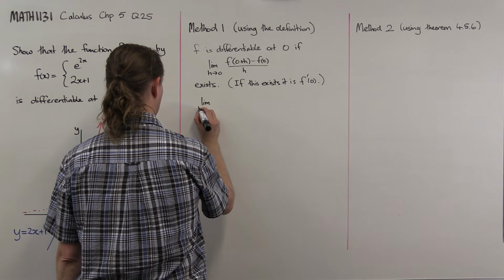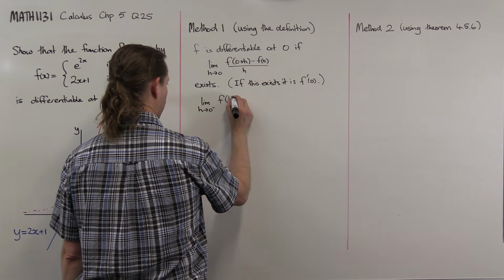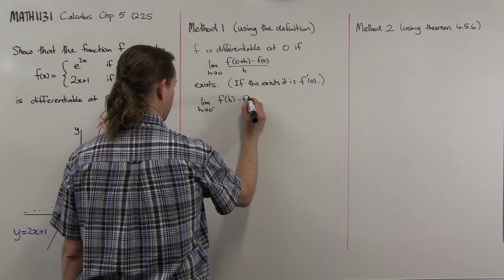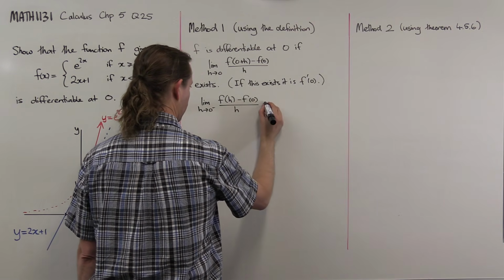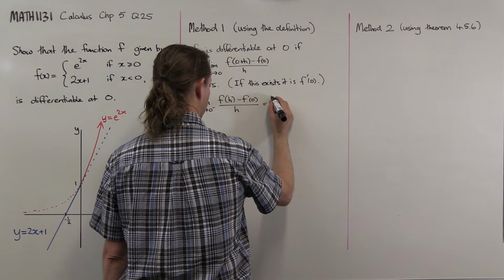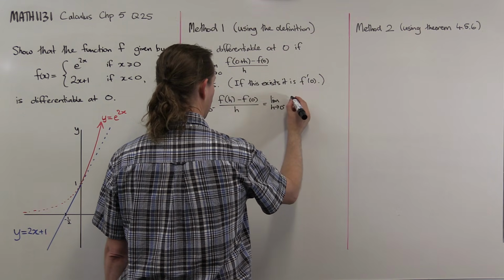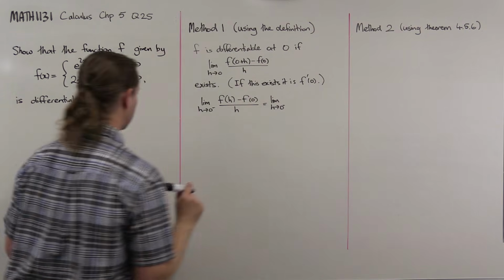So let's have a look at the limit as h tends to 0 from below of f of 0 plus h, I'll just write as f of h, minus f of 0 over h. And this is the limit as h tends to 0 from below of, so what is f of h?